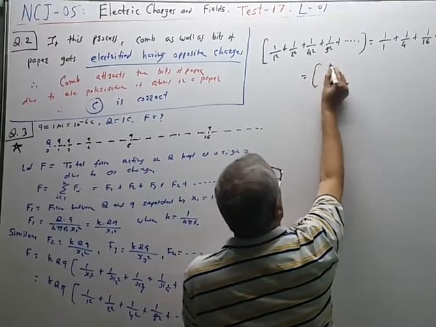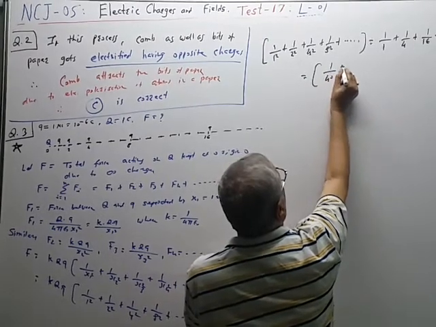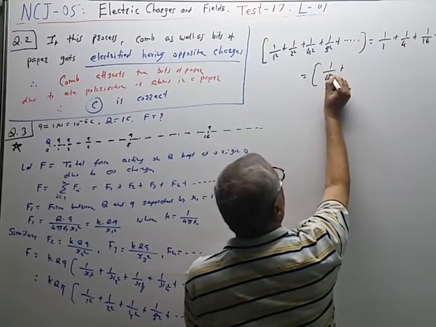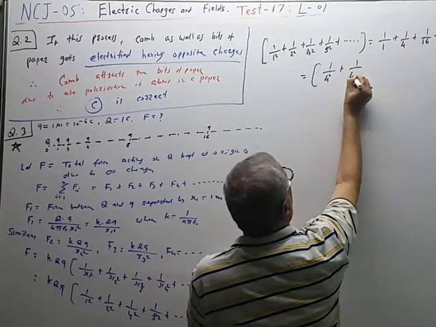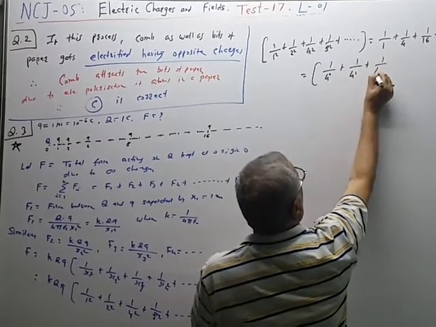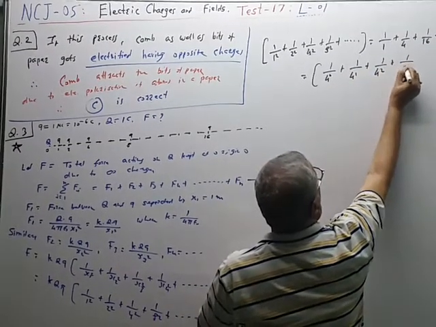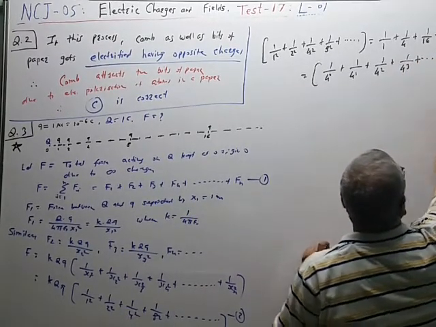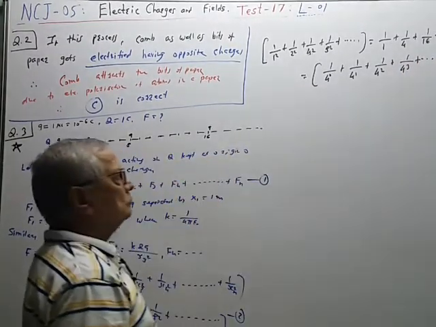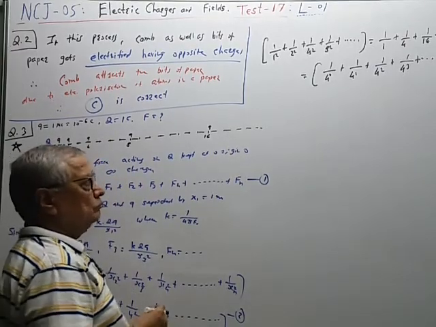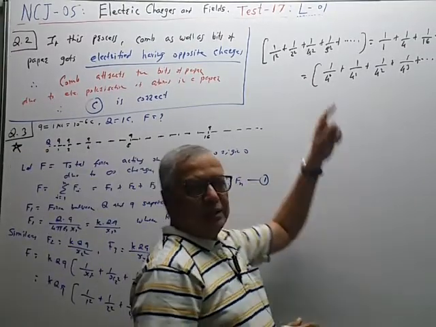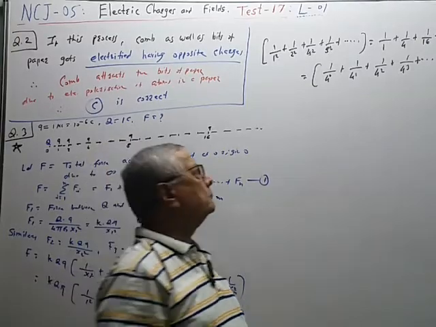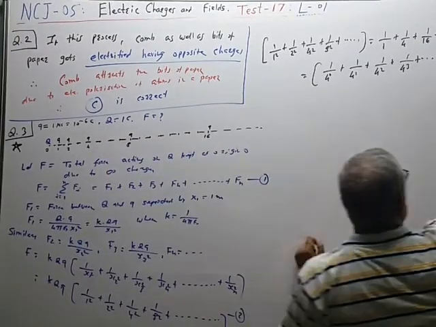So this is equal to 1 upon 4 raised to 0, anything raised to 0 is equal to 1, 1 upon 4 raised to 1, 1 upon 4 raised to 2, 1 upon 4 raised to 3 plus etcetera. Like this. So this bracket is given by, say this is equation 3.